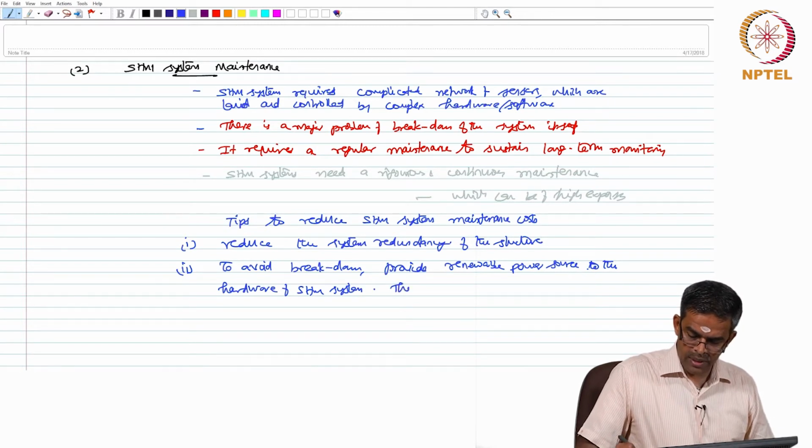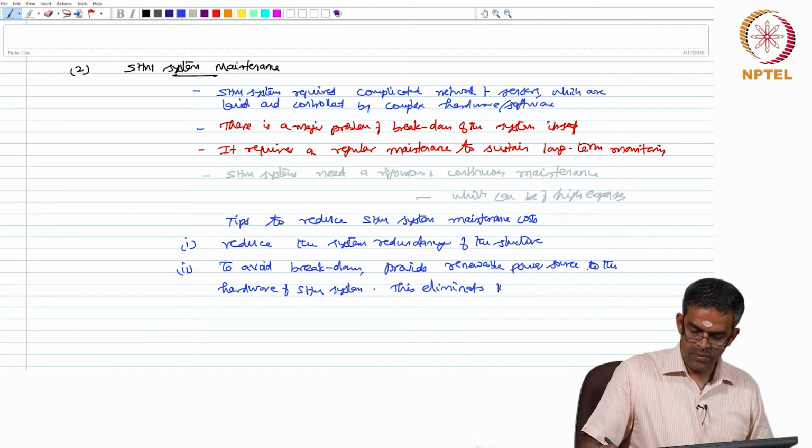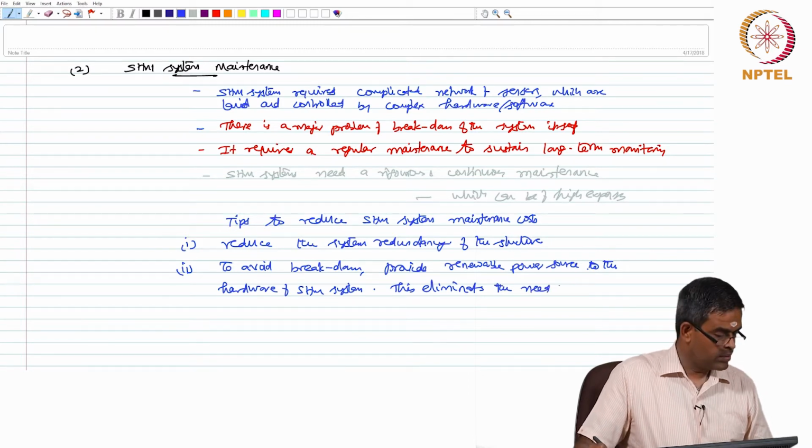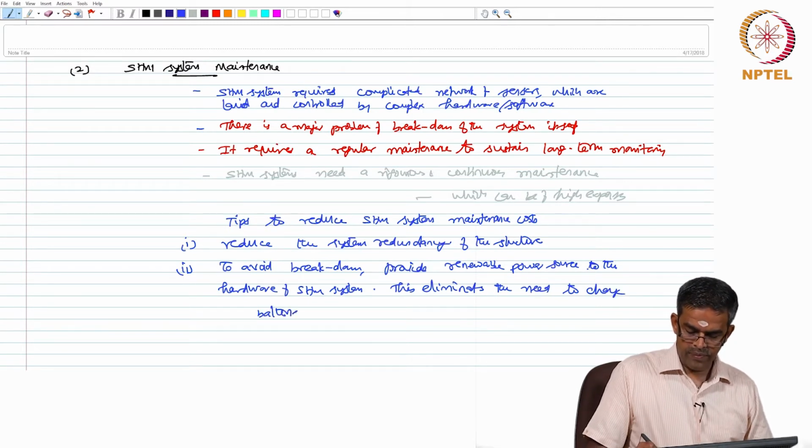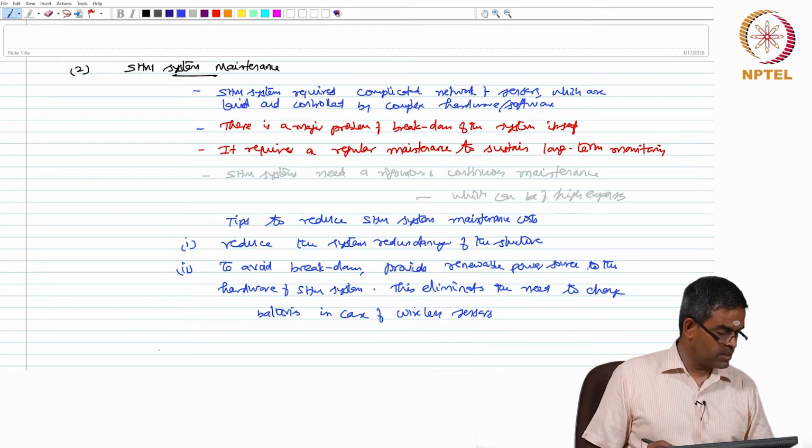Actually, this eliminates the need to change battery in case of wireless sensors, otherwise they will become defunctional.